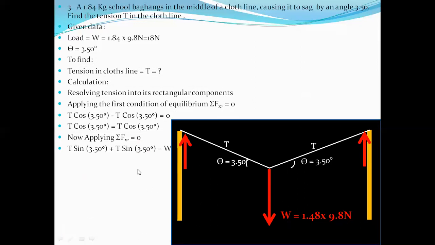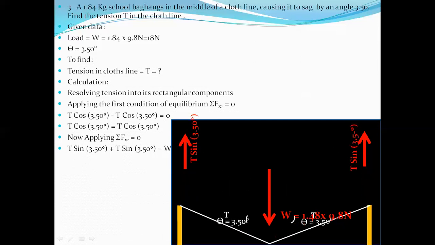Now the tension is T sin 3.5 plus T sin 3.5, one for each side of the wire, because the angle is opposite on this side. That is the vertical component, minus the weight, because weight is in the opposite direction, so the negative sign is still there.